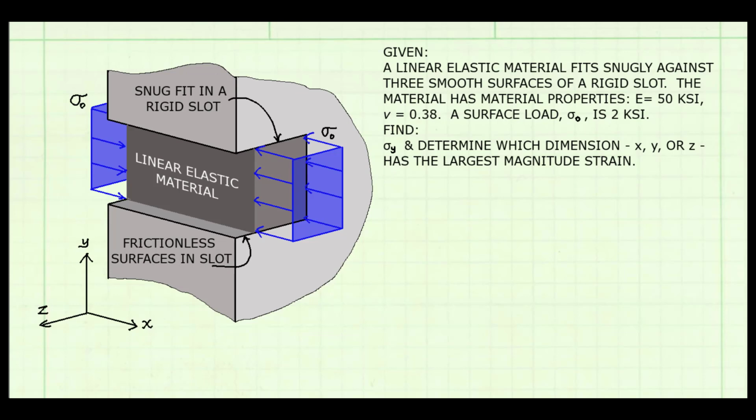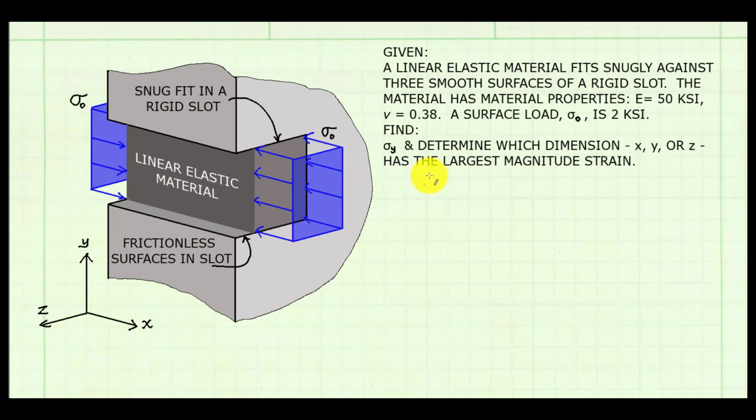We can see the material inside the slot, and the fit is rigid. In other words, there's no gap between the linear elastic material and the walls of the slot. Also, it says that the surfaces of the slot are smooth or frictionless. The applied surface load of 2 ksi is applied parallel to the direction of the slot.